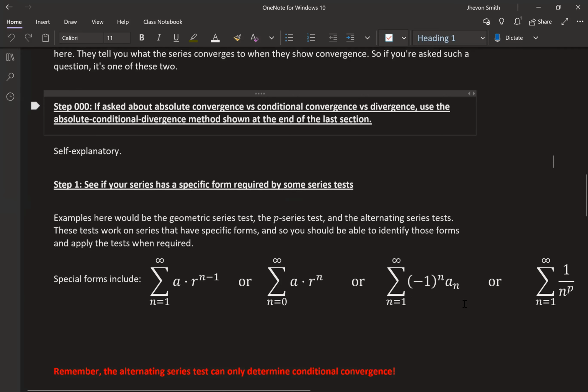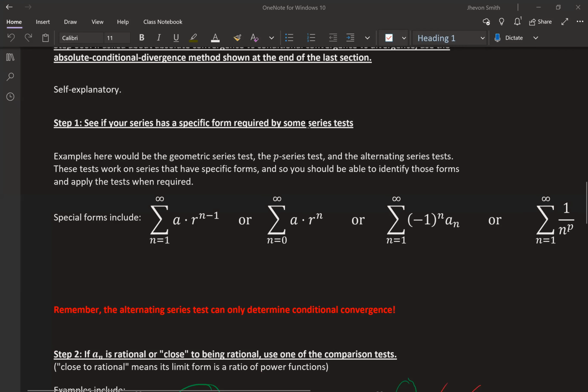However, other than that, there are some things that you want to look out for. Assuming the divergence test does not work, and assuming you don't care what it converges to specifically, and assuming it's not about absolute, conditional versus divergence, then this is how you are going to approach the series. First of all, look for series that have specific forms.